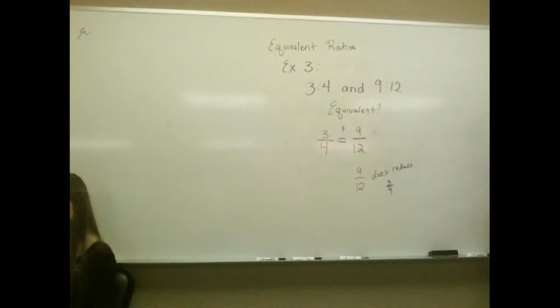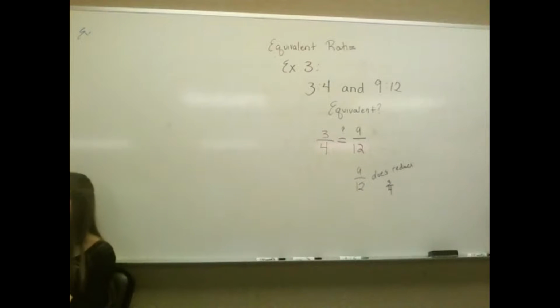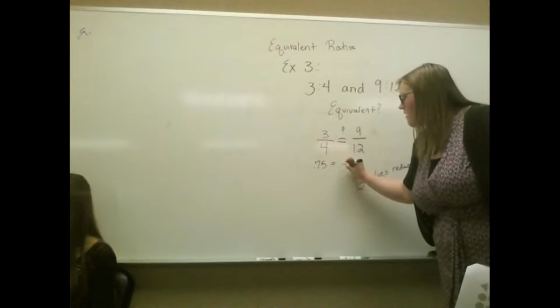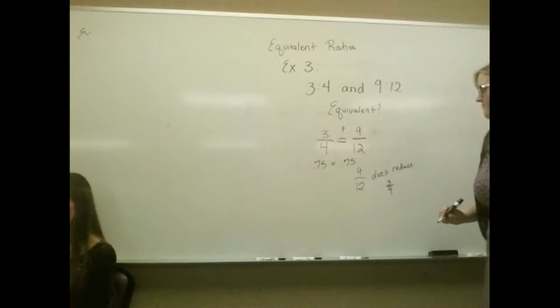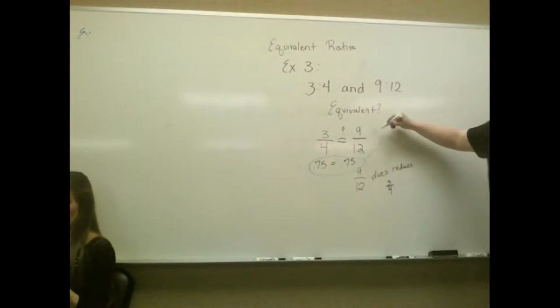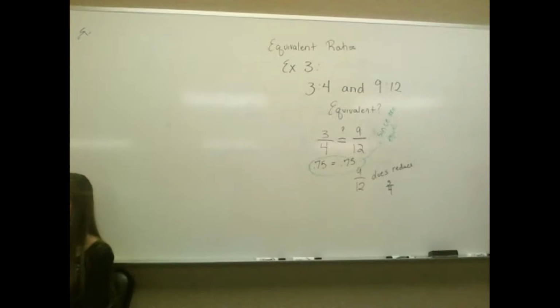If you're not comfortable with fractions, just plug both of these in and get decimals, though I don't know what they are. 0.75, okay, so this will come out as 0.75, 0.75. Since these are equal, they are equivalent ratios.